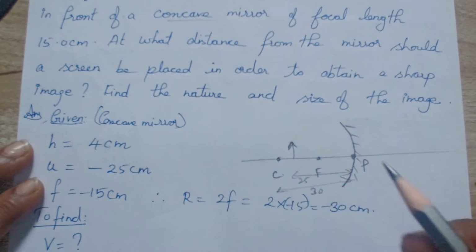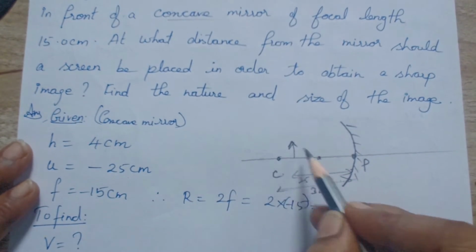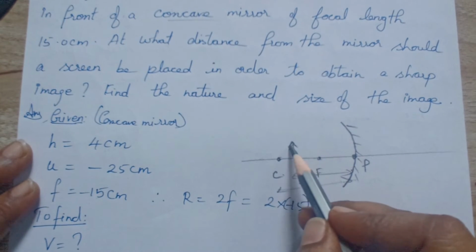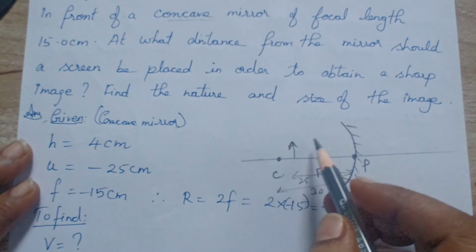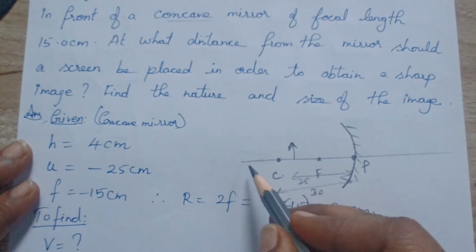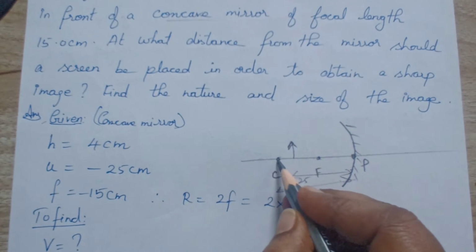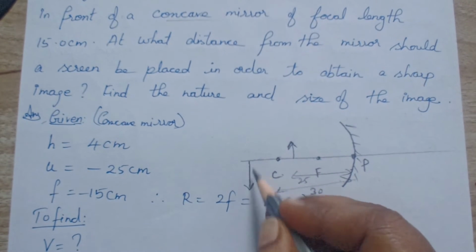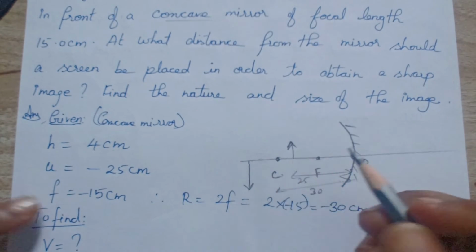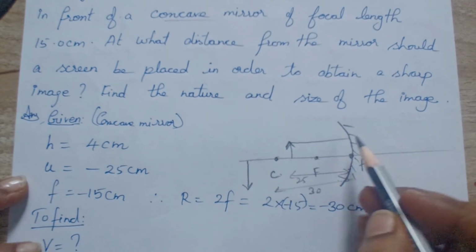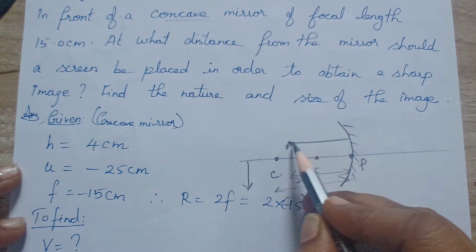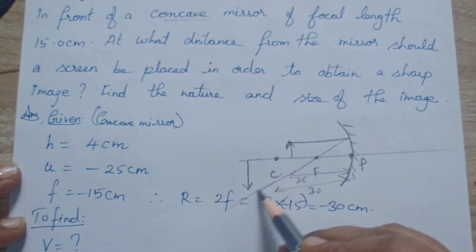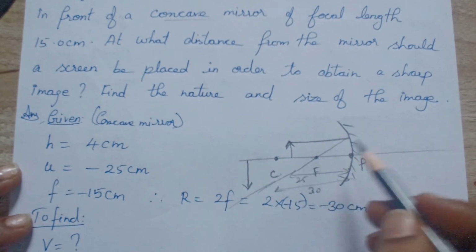If the object is placed between C and F, you know that you will get an image beyond C, which is real, inverted and enlarged. Do you remember that? The ray parallel to the principal axis will strike the mirror and pass through the focus point.